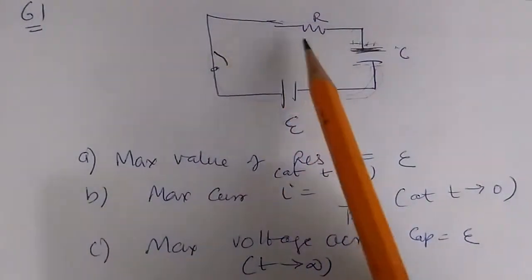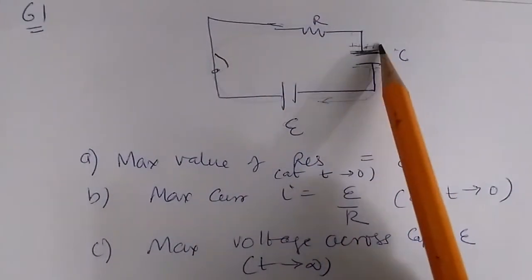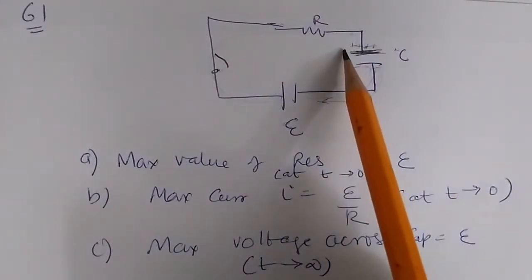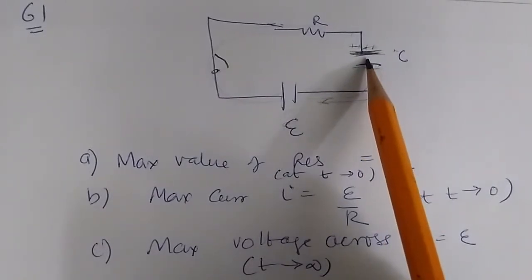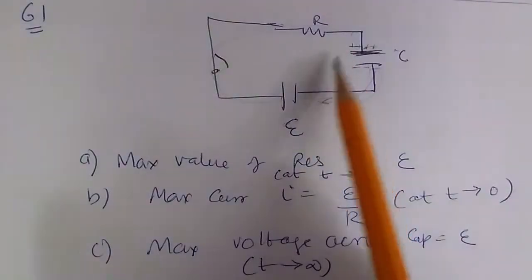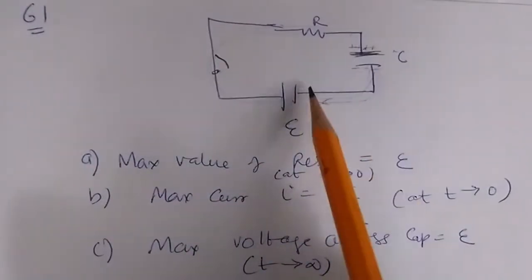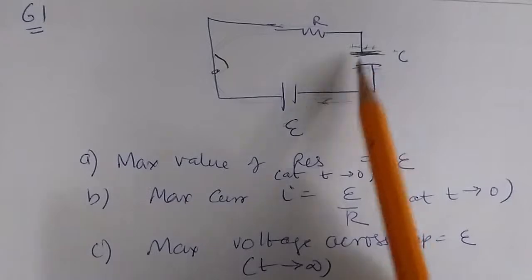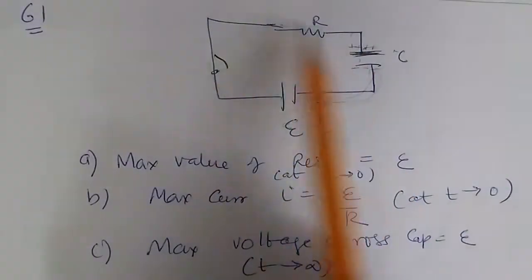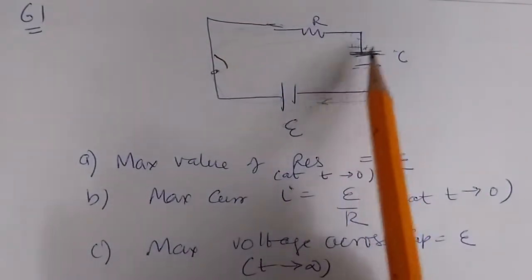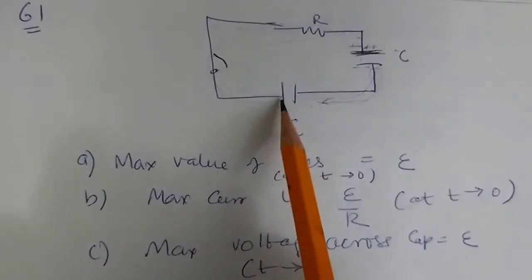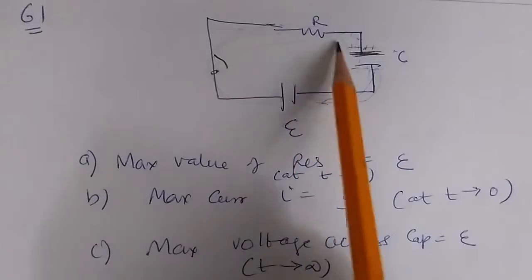Now what happens later is a little bit of charge accumulates on the capacitor, so there is a slight voltage across it. Let us say the source is 10 volts, and after a little time the capacitor becomes 1 volt. The voltage across the resistor then decreases to 9 volts. Then a little more charge accumulates, the capacitor becomes 2 volts, and the resistor 8 volts. The voltage across the resistor keeps decreasing.